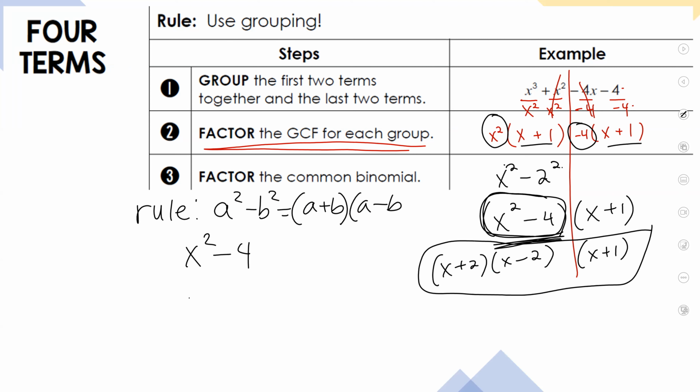You need to rewrite this as X squared minus 2 squared so that it looks like this. 2 squared is 4. I need B squared. And so now I have X plus 2 and X minus 2, because you do A plus B and then A minus B. So these are your 3 factors. So that is your example.